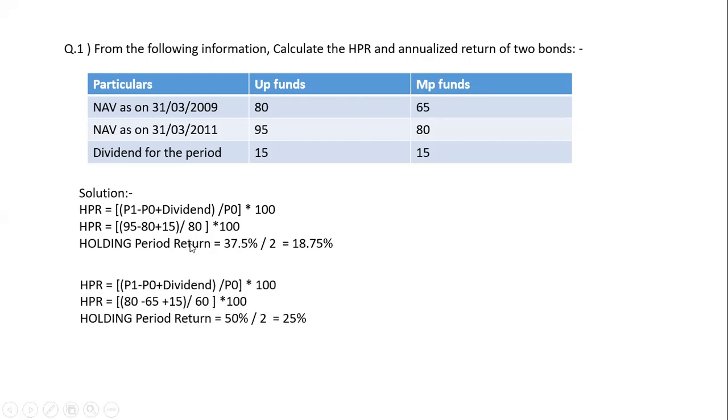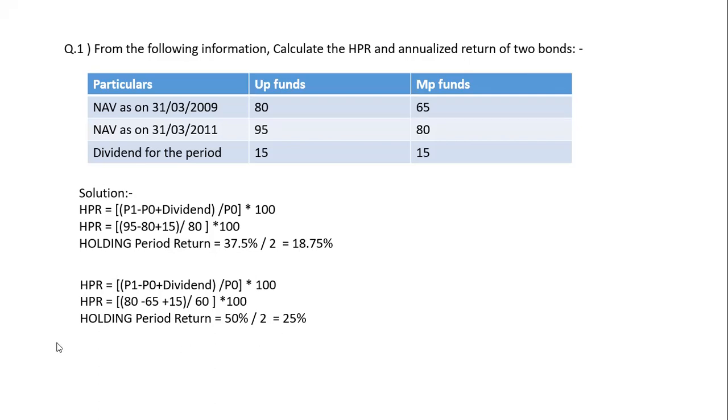Second, we are calculating for MP fund. Similar way, NAV at the end, that is P1, minus NAV at the beginning. This is your investment price, 65. 80 is the selling price, 65 is purchase price, plus dividend income divided by purchase price 60 into 100. Okay. Holding period return is equal to 50% divided by 2.